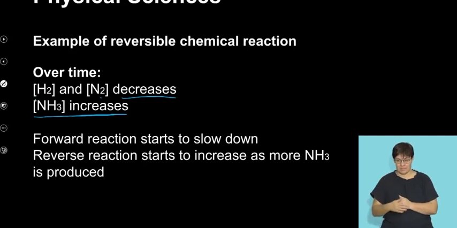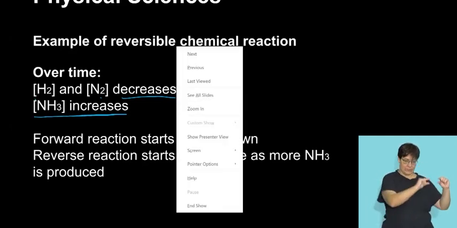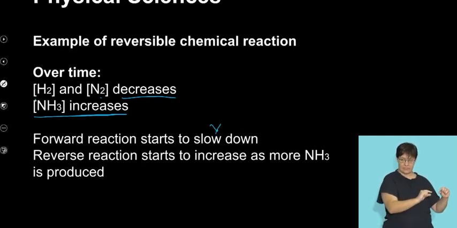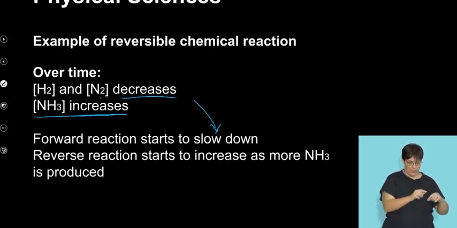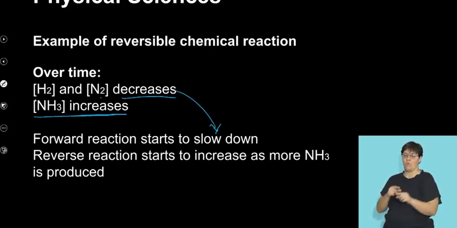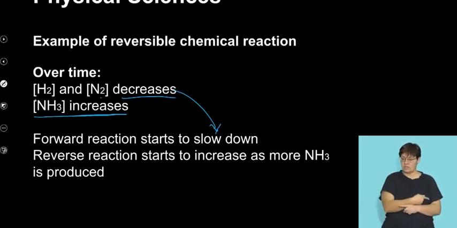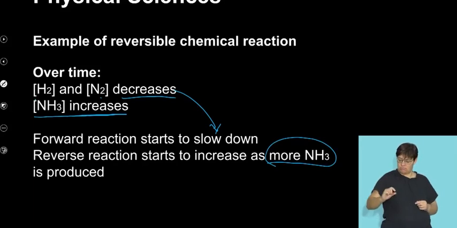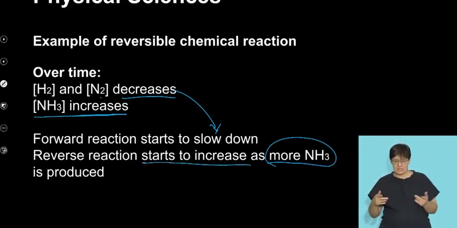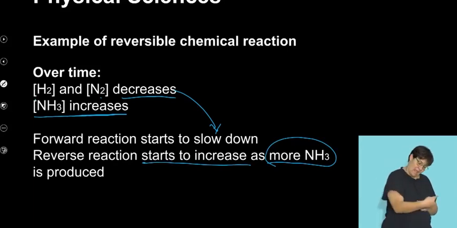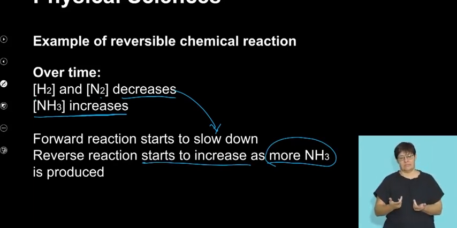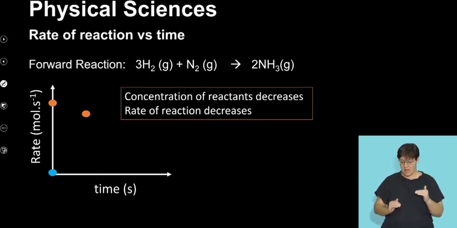And when this slightly decreases, the reaction starts to slow down for the forward reaction. And while the reverse reaction is now getting more ammonia in the system, the reverse reaction starts to slightly increase. And this slight increase and slight decrease can be shown on the graph.